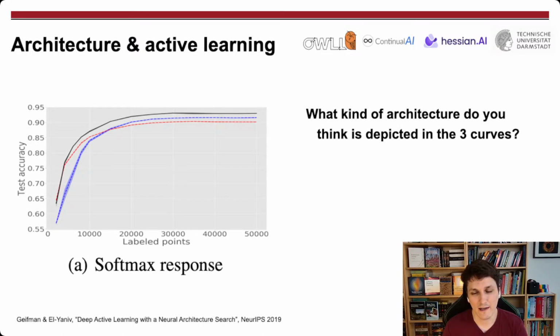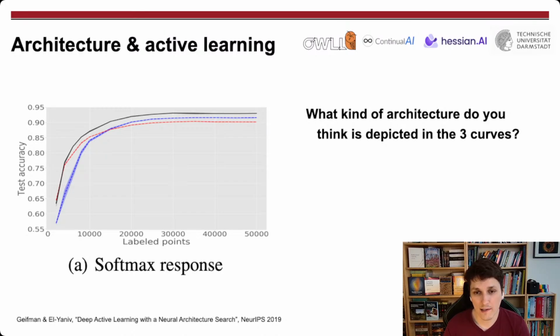And when I asked why, the person responded, well, it's a publication, so naturally the idea that the authors have published must have been the best. I think it's a very valid approach. I just wanted to point this out because it illustrates the fact that we have a bias in our publication system. But jokes and sidelines aside, the black line is indeed the architecture approach where you incrementally decide whether to expand or not.